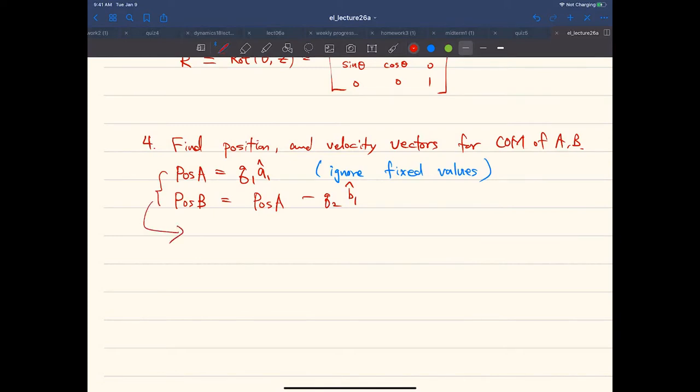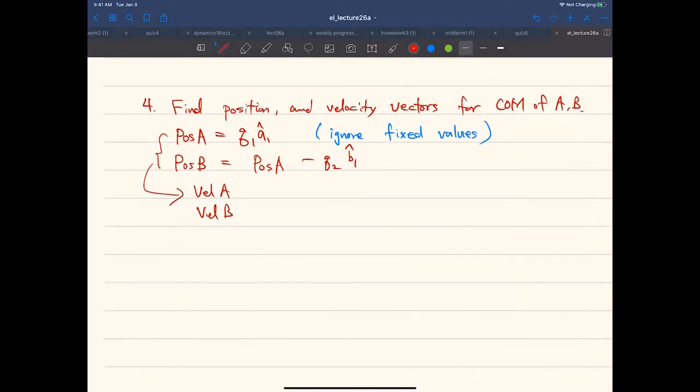So you just get the velocity of A, velocity of B. Then your kinetic energy is just half m v squared. In this case, our v is your velocity. Let's say this is VA and this is VB.